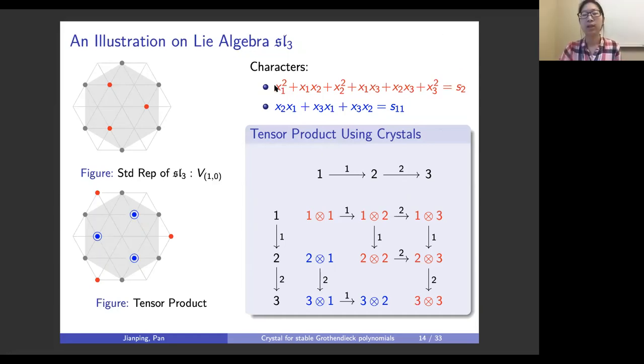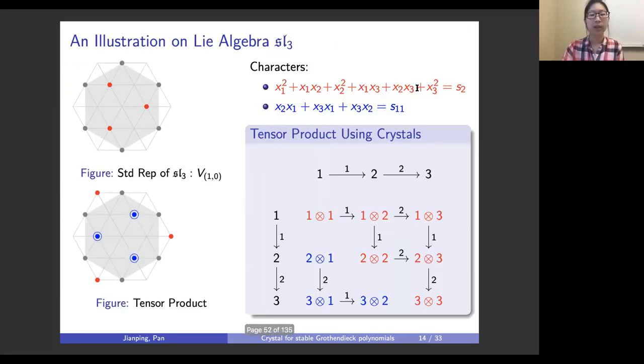Here, this is the character for the crystal graph, so this gives you x1 squared, x1x2, x1x3, etc. Right, thanks. So that gives you a little bit of an idea of why a lot of people care about crystals.